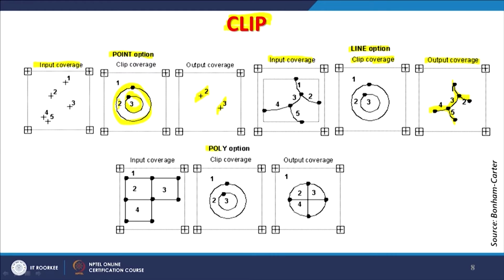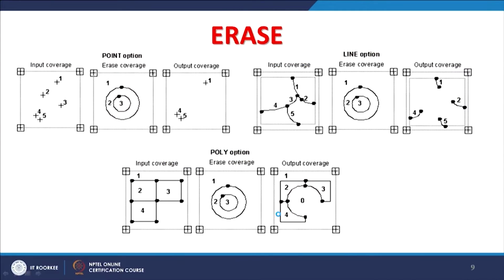Similarly, if I am having a polygon map as my input, there are just 3 units, and one is of course outside. Then if I use the same clip coverage to extract, I get something like this as shown here, that below this circle I get this. So, all kinds of possibilities in case of vector data are like this.